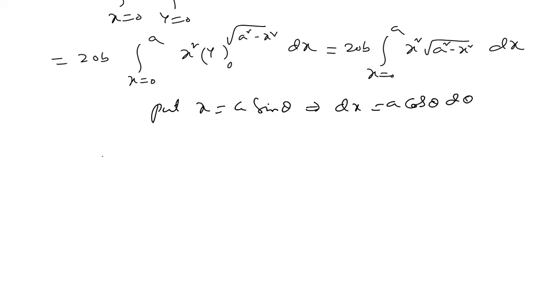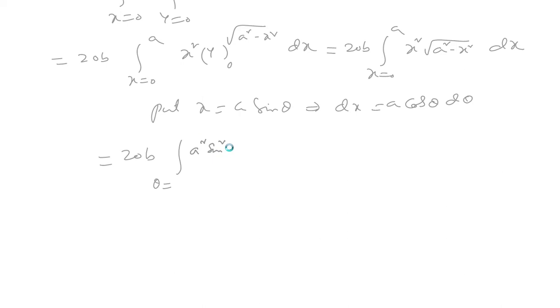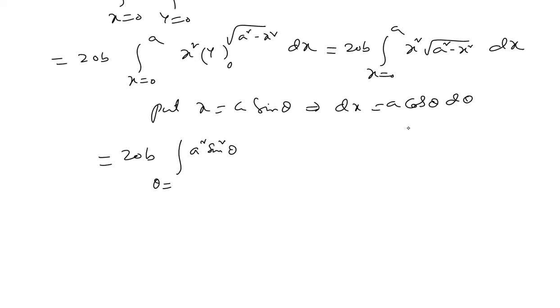Then this integral is 20b into the integral of x square, which is a square sin square theta, into the square root of a square minus a square sin square theta, with dx equals a cos theta d theta.